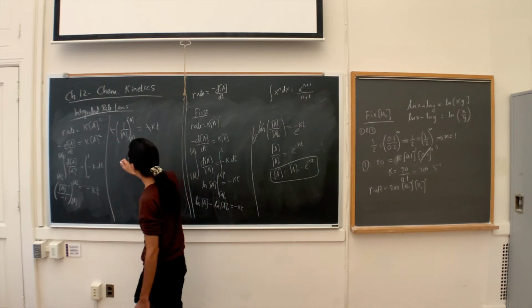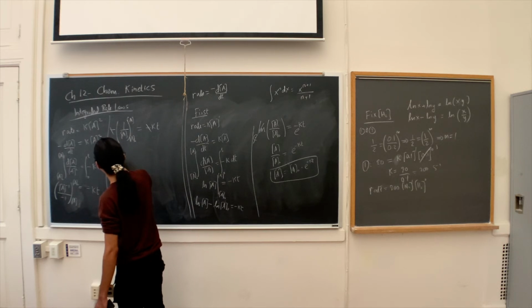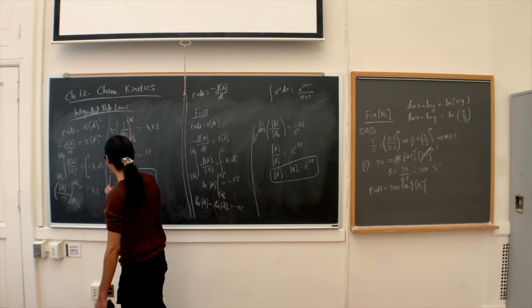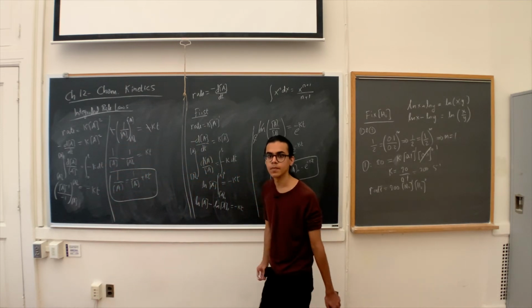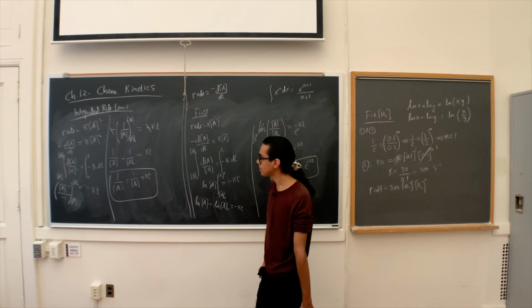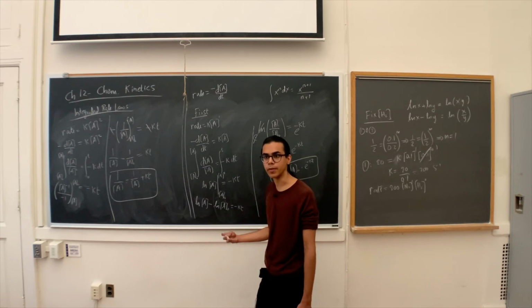And now let's just plug this in. 1 over a, when I plug in a, minus, when I plug in a naught, it's 1 over a naught, equals kt. Solve for 1 over a, and you're done. So it's the same process over and over again.